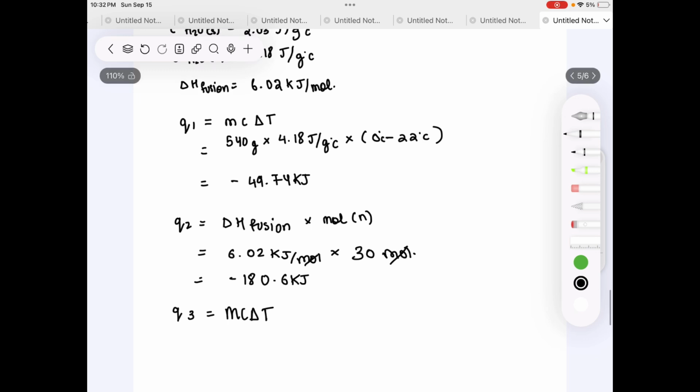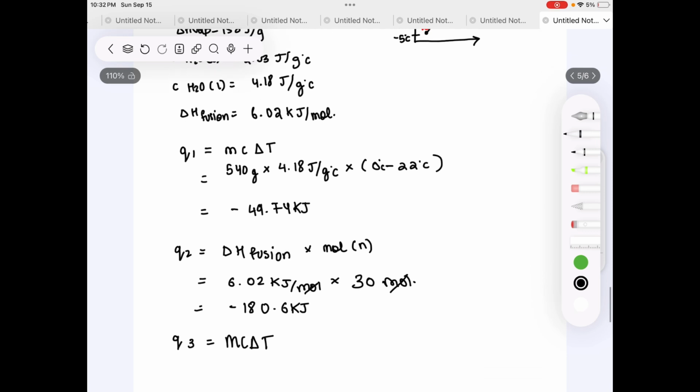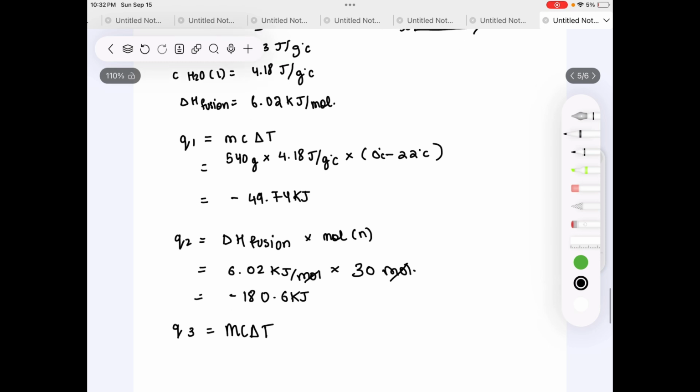Let us calculate Q3, which is equal to mass of ice, specific heat of solid into delta T, 540 grams into specific heat 2.03 joules per gram degrees Celsius into final minus initial temperature.